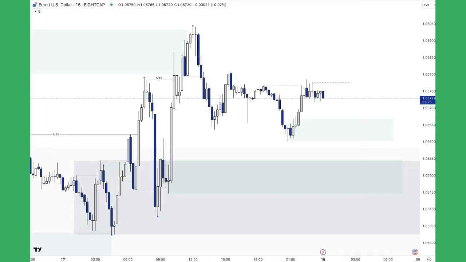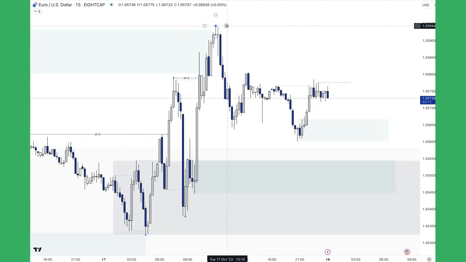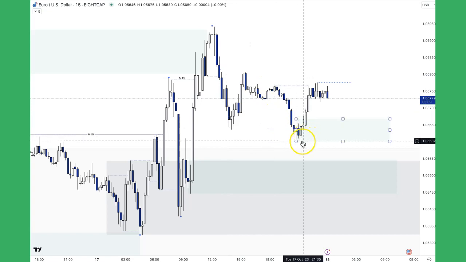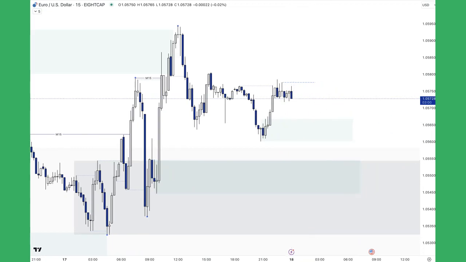When it comes to London Open, which happens in about a couple of hours from now, I would expect this is definitely my weak swing high that will be taken out. And let's see, probably price might want to come a little lower to this zone. Maybe one is that it bounces from here itself.